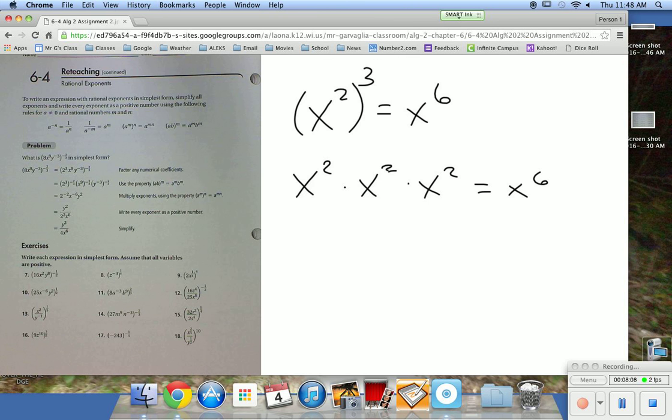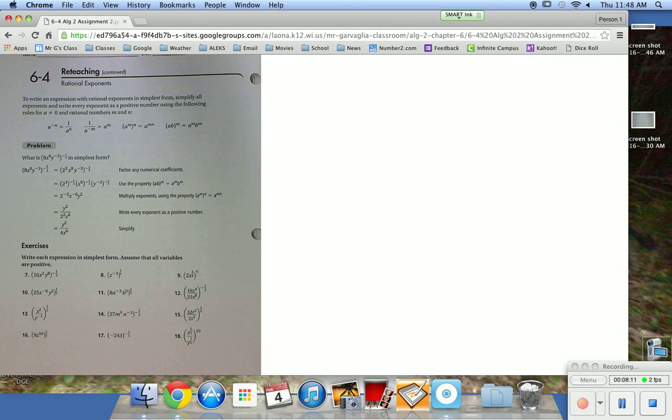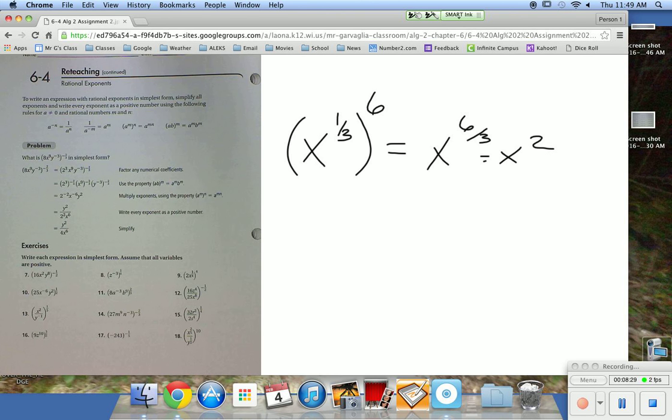Now what happens if there are fractions in there? You guys like fractions. X to the 1/3 raised to the 6th power is x to the 6 over 3, or x squared. Now x to the 1/3 raised to the 1/4 power is x to the 1/12 power.